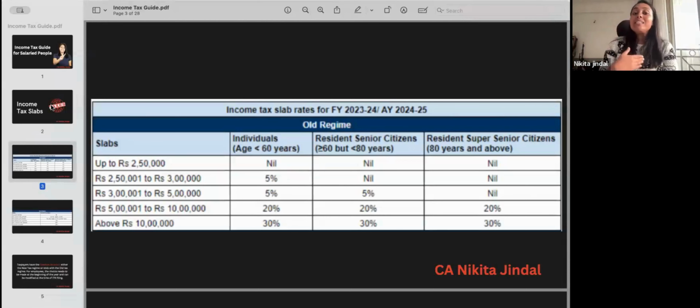And above 10 lakh, the slab is 30%. If you are an individual more than 60 years of age and less than 80 years of age, the exemption limit is 3 lakh instead of 2,50,000. And the rest of the limits are the same. If you are a super senior citizen, more than 80 years of age, the exemption limit is 5 lakh. And the rest are the same. So I believe I'm clear with this. So this is under the old tax regime.